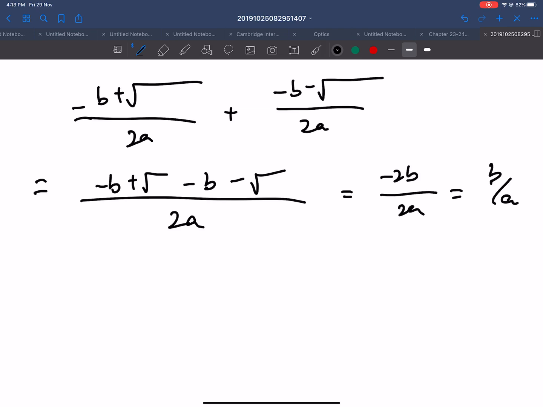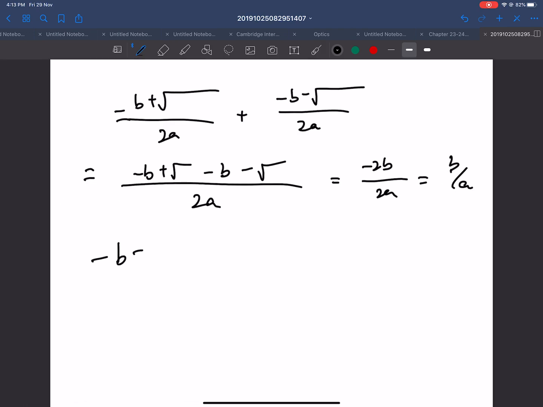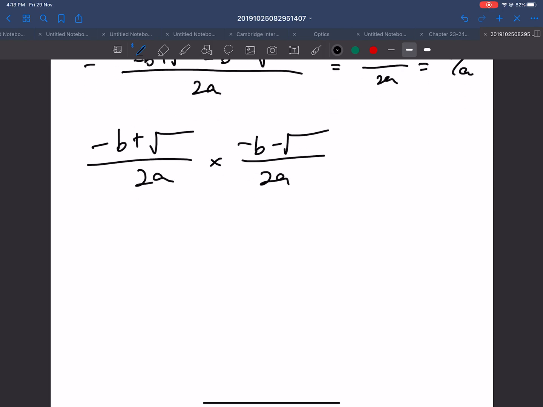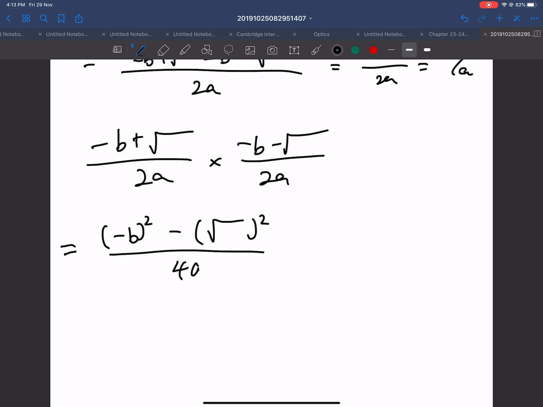Okay. For the product of roots, you just consider (a plus b) times (a minus b). It gives you a squared minus b squared. So it gives you negative b squared minus the square root squared over 4a squared.